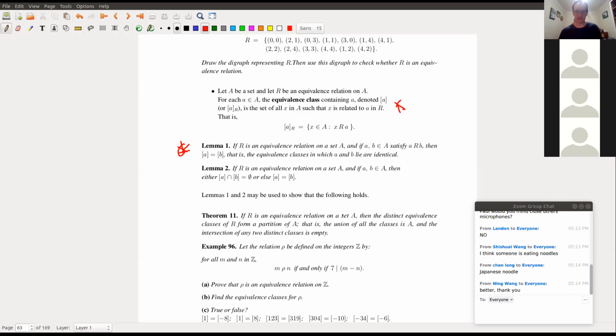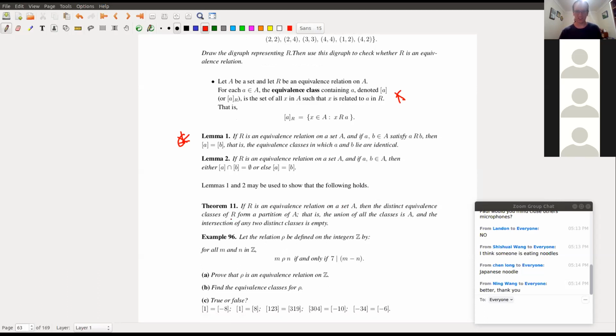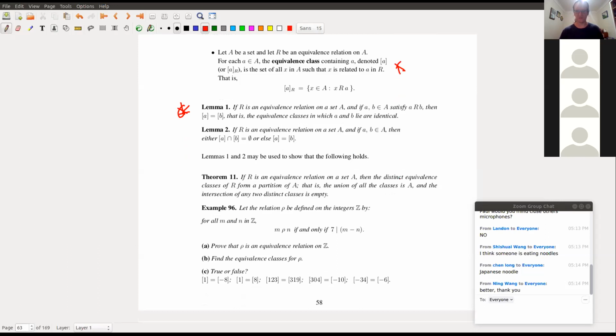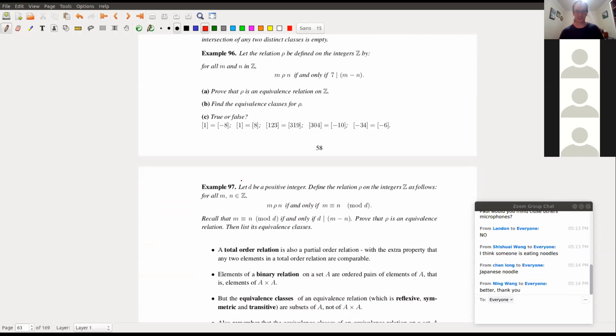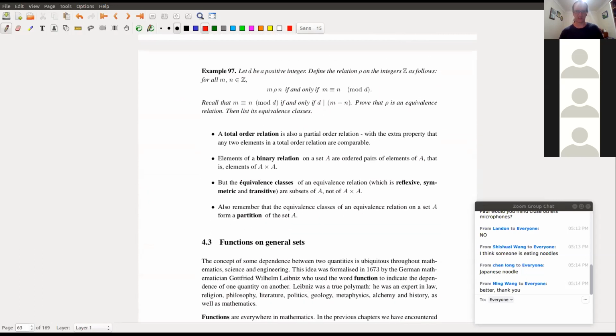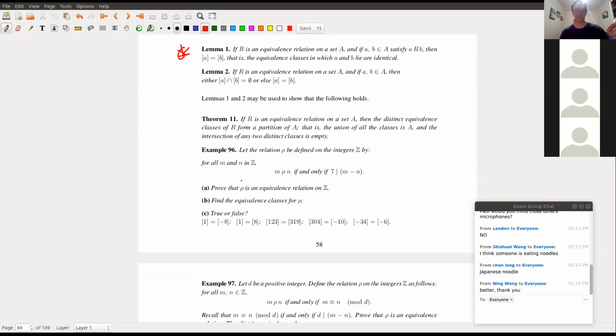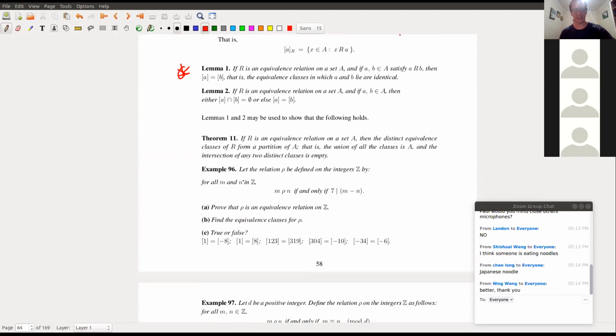So what we're trying to build up to, I'm just going to skip through fairly quickly. Got this theorem. Okay, so this is really going the other way. Theorem 11 is basically saying the other way.